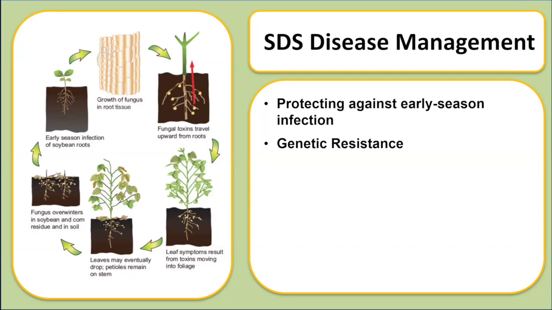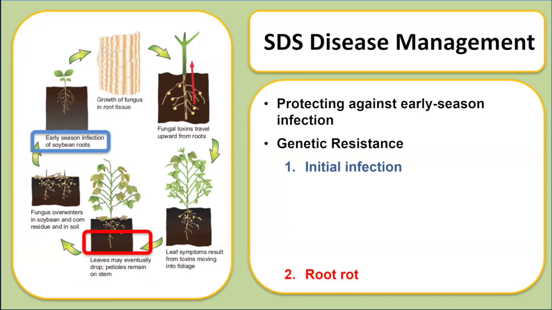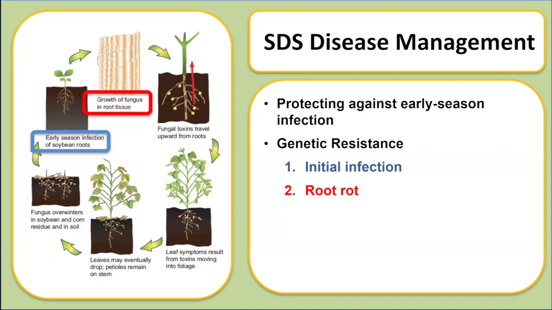And genetic resistance can be deployed in a couple of different ways or understood in different ways. So first, we can prevent that initial infection. We have resistance to whether or not that fungus can infect into that root tissue. The second way could be the root rot, preventing that establishment once it is infected, making sure that that pathogen does not grow within that root tissue.